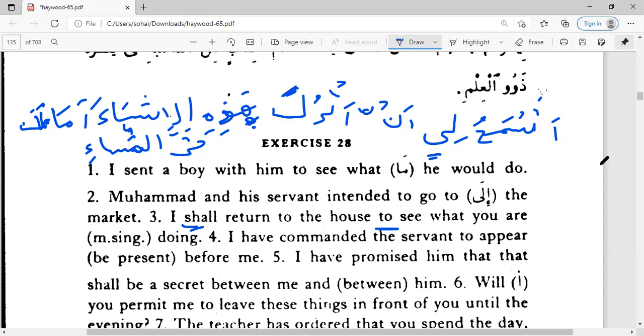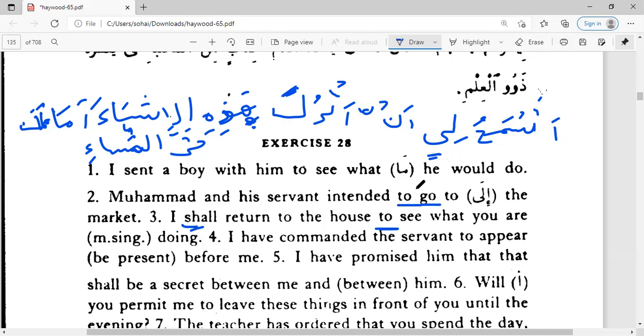Because here, for example, in question 3, when he says I shall return, or I sent a boy with him to see, it's not saying saw. It says to see. That's why we're using present or future. Even in English we're using to go.